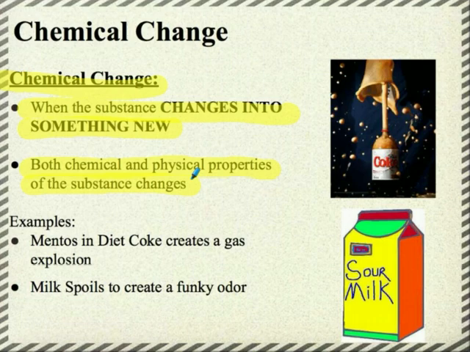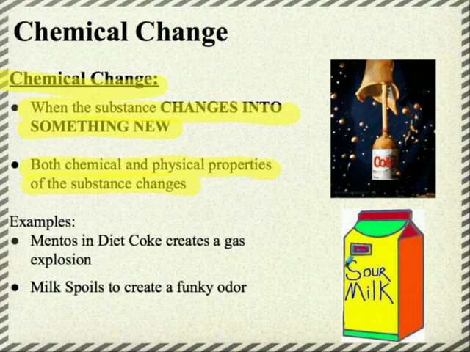Its characteristics are different. For example, it's not even brown. It's blackened now, right? When I touch it, it feels so much different. Ash feels flaky. Wood doesn't. Wood feels very, very solid, and so on. Ash is not flammable, while wood is.